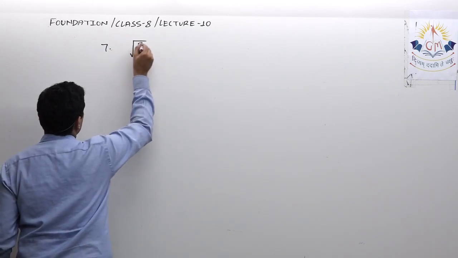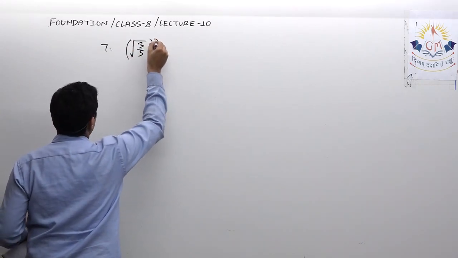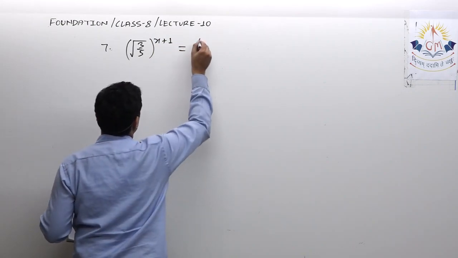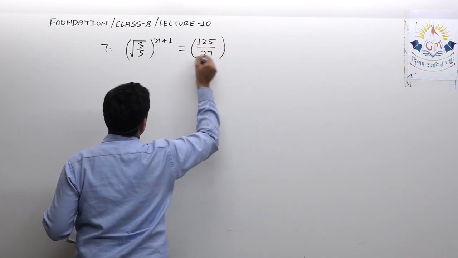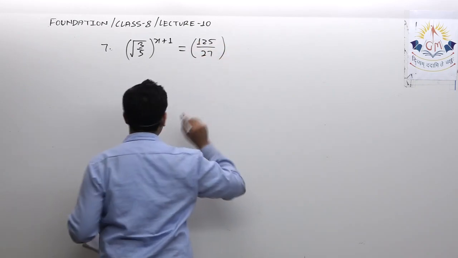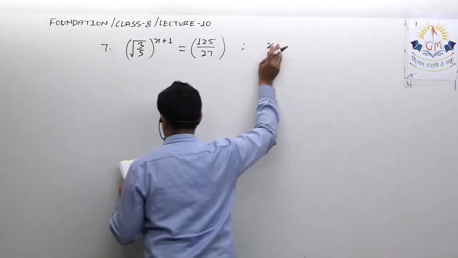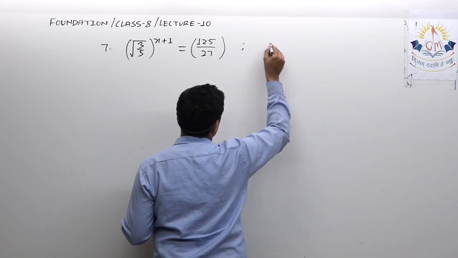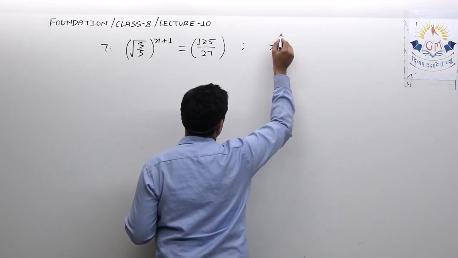Root of 3 upon 5 raised to x plus 1 is equal to 125 upon 27.